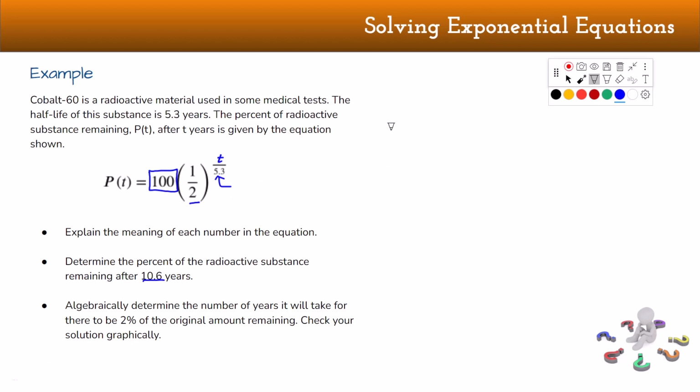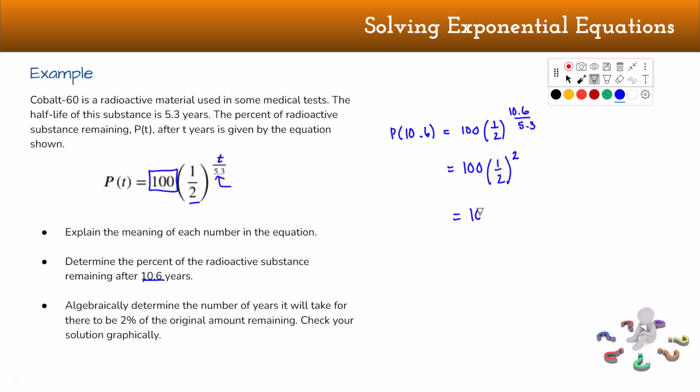Now it says determine the percent of radioactive substance remaining after 10.6 years. So the first thing I'm going to do is go P(10.6) equals 100 times (1/2) to the power, and then I'm going to put that 10.6 here and divide by my 5.3. Well, this equals 100 times (1/2) to the power of 10.6 divided by 5.3, which is squared.